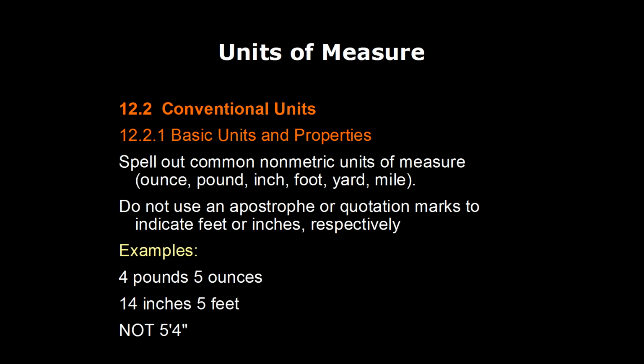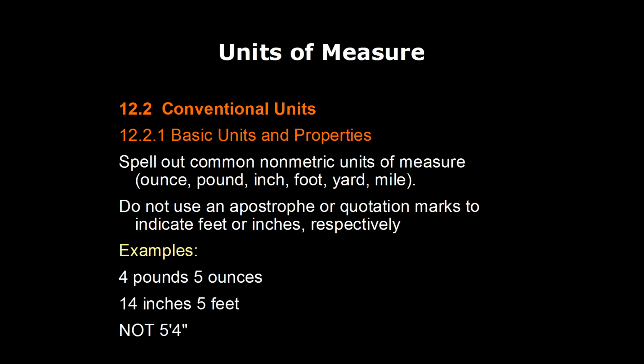Okay, even if it's dictated that way, which it rarely would be anyway, because a dictator, just like we mentioned at the very top of this webinar, you're not going to have the apostrophe. He's not going to dictate 5 apostrophe 4 quotation mark. No, of course not. He will dictate 5 feet 4 inches, which of course makes perfect sense, but you wouldn't represent it as that bottom one there, the 5 apostrophe 4 quotations.